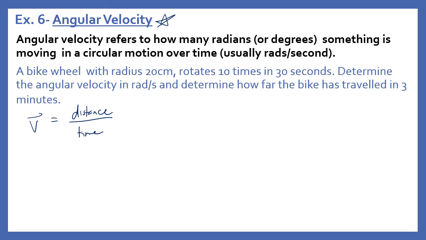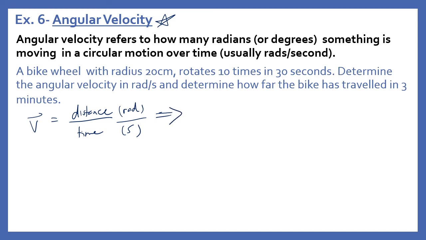It's how many radians. So how much of an angle is it turning through? In this case, distance is not measured in centimeters. It's going to be measured in radians, which is how fast it's turning. And that gives us our rads per second.